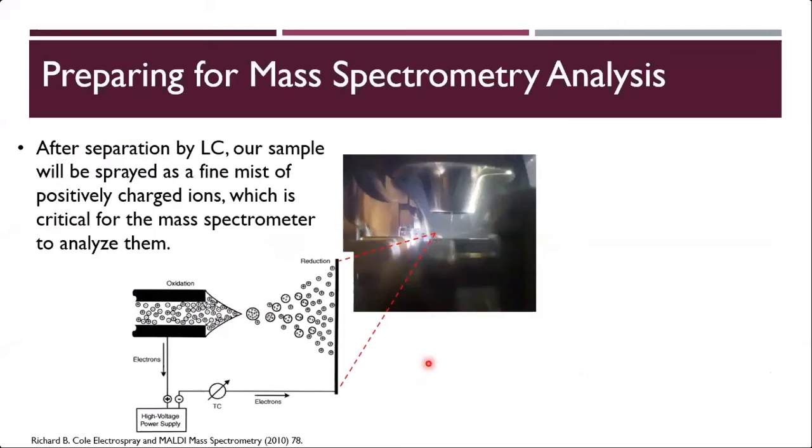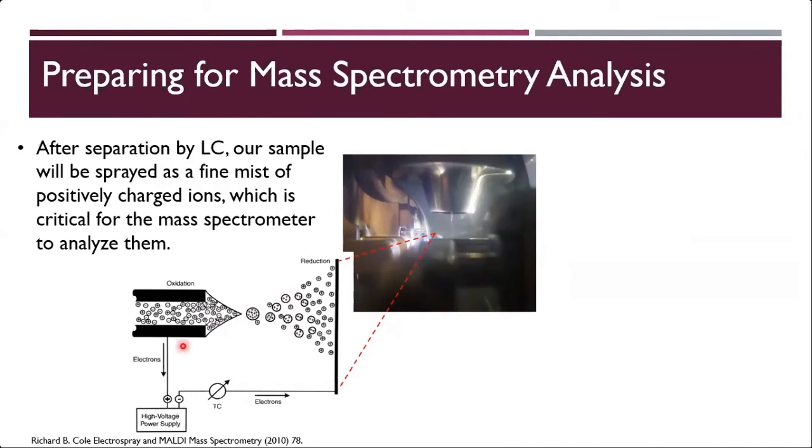So after the LC, we are getting prepared for the mass spectrometry analysis. After this LC, our sample will be sprayed as a fine mist, which will be positively charged. Here we see a little needle, and through that needle is where our spray will actually come through.